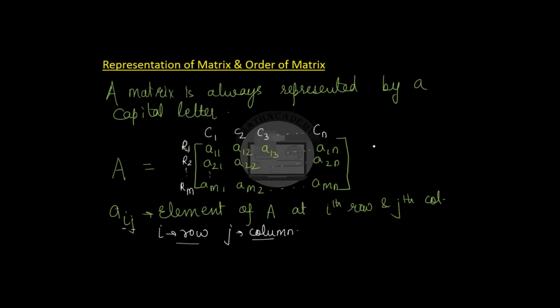So we write the matrix A as, okay, A is an M by N matrix. M represents the number of rows and N represents the number of columns, and this M by N is called the order of the matrix.